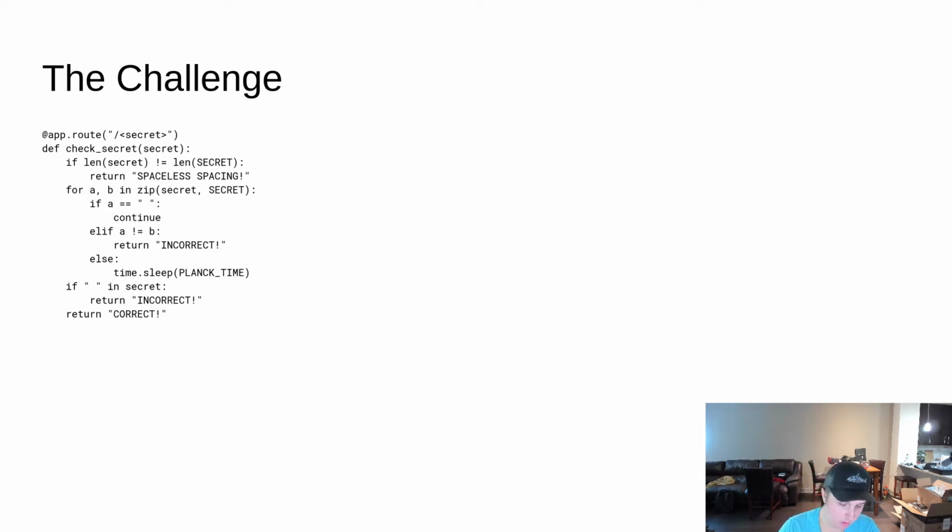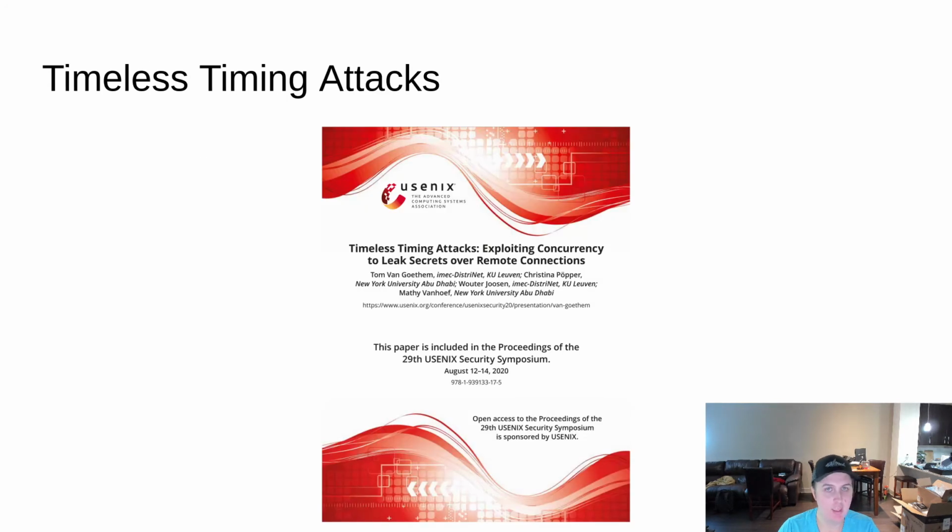So what this means for us, and what we can find if we continue to look a little bit, is that there was a paper published this year in a top-tier security conference, USENIX, titled Timeless Timing Attacks: Exploiting Concurrency to Leak Secrets Over Remote Connections, the emphasis being on remote connections.